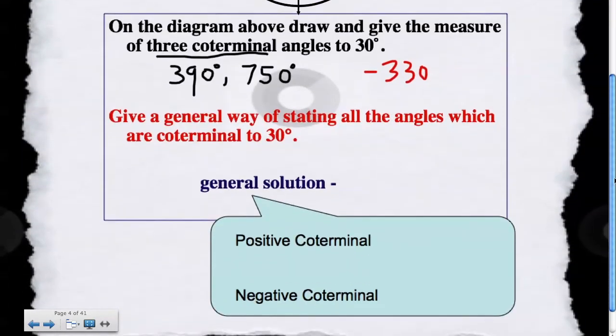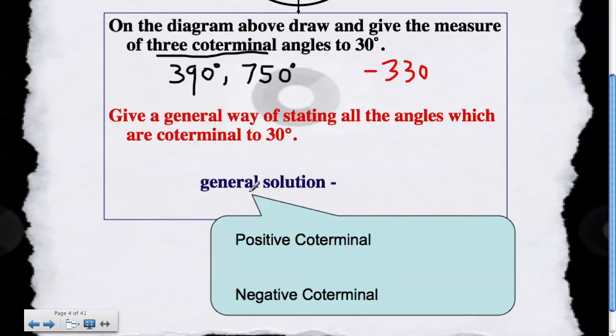Let's just summarize this. When we're doing a general solution, you'll hear the terminology positive coterminal and negative coterminal. If I want to do a general solution, which means I don't want to keep writing each of them out, all I do is take the angle given. In this case, 30 was given to me. And then I add 360n.